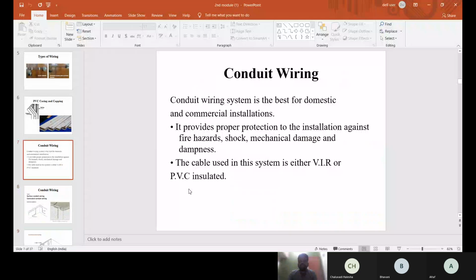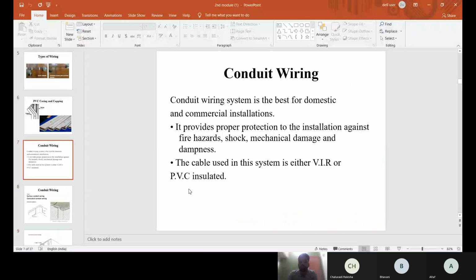In this system, steel tubes known as conduits are installed on the surface of walls, or the saddles or pipe hooks are buried under the plastic, and VIR or PVC cables are drawn through afterwards. Conduit can be of galvanized iron steel or PVC pipes.